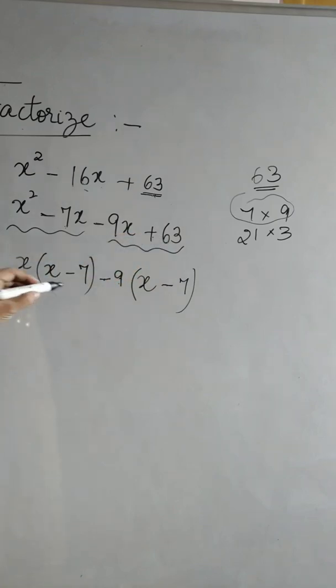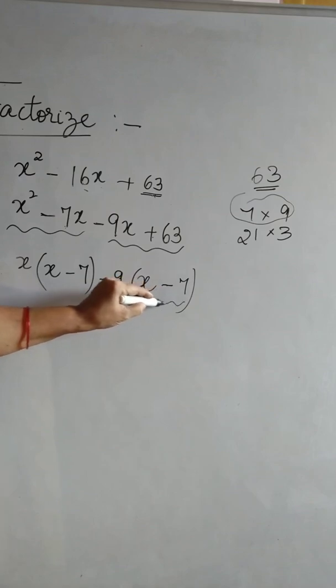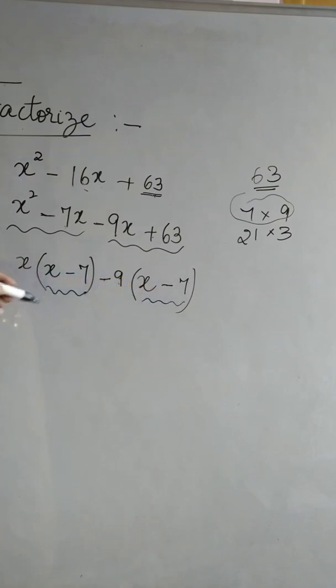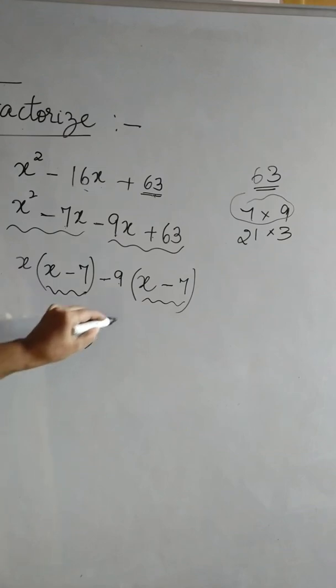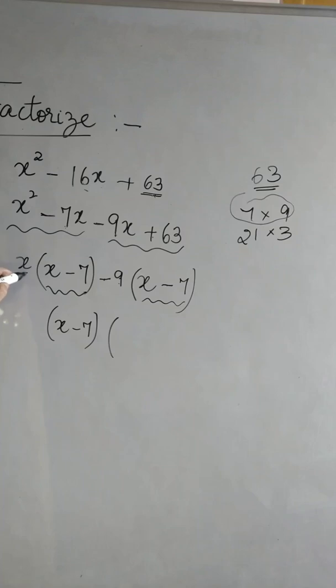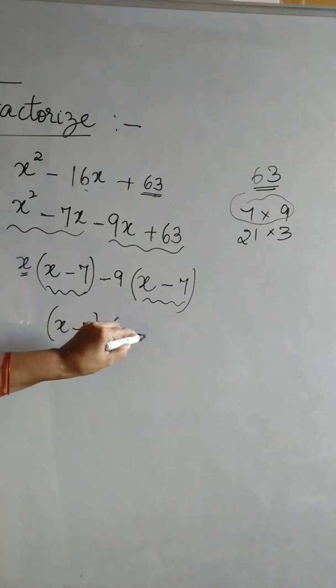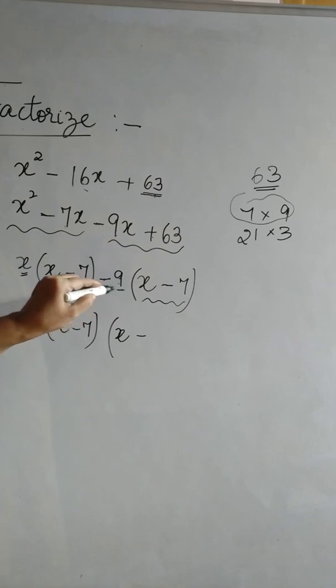Now see here, x minus 7 and here also x minus 7. So we'll take this x minus 7 common. Here we are left with the extra term that is x, and here the extra term that is 9.